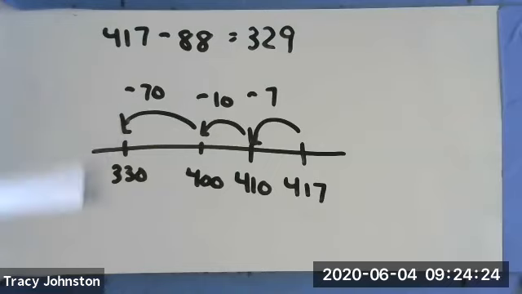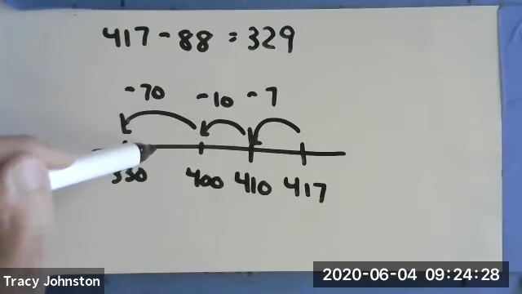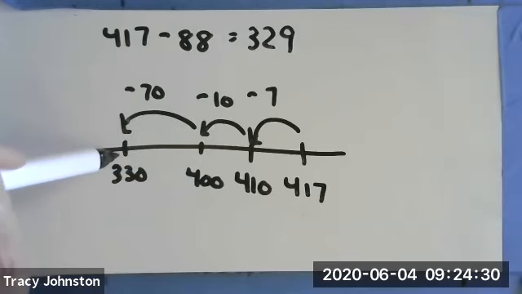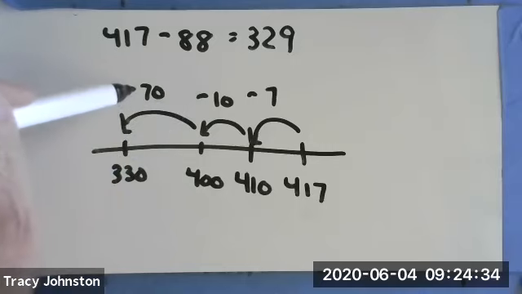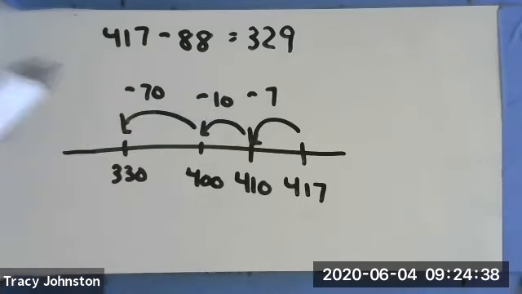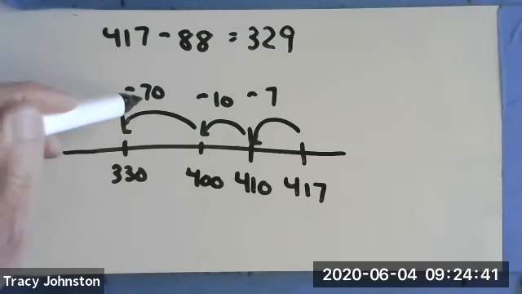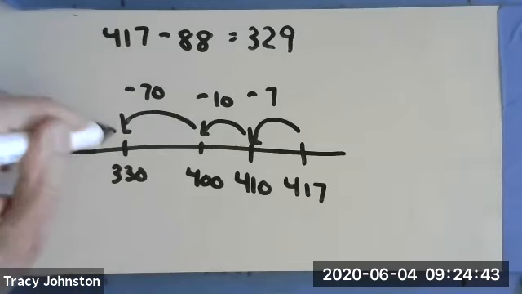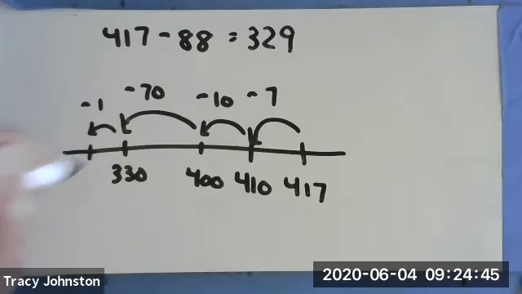Or if you're not comfortable with that, you might want to jump by 50 to get to 350, and then 20 or 2 tens to get to 330. What's important is that these numbers add up to the number that you're subtracting. So now we've done 70, 87. We need to take off one more. So that gets me to 329.